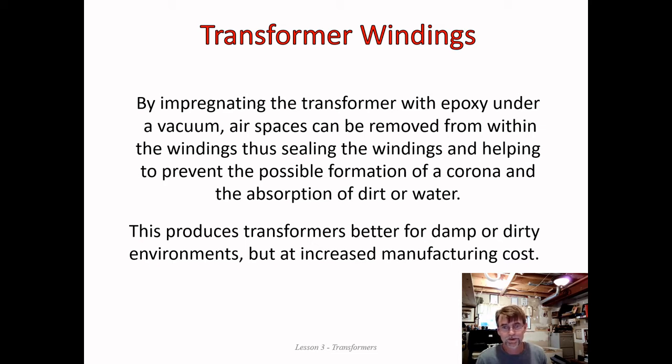So this produces transformers that are better for specific locations, damp or dirty environments. We can protect the windings inside this epoxy and put this in all kinds of unsavory environments, but obviously it's going to increase the manufacturing cost. So once again, we are weighing the cost with the needs of the transformer.